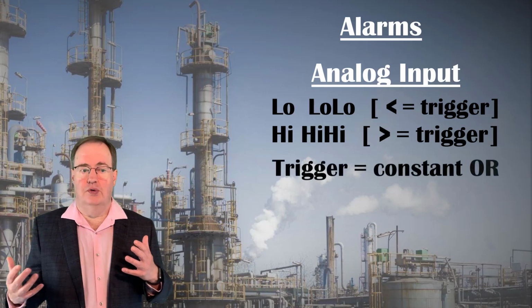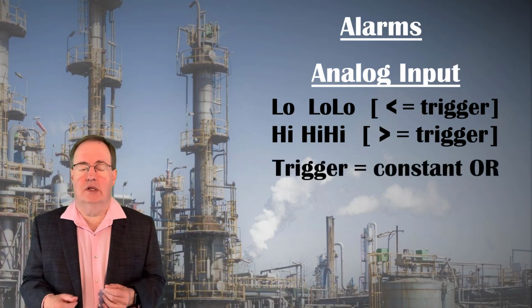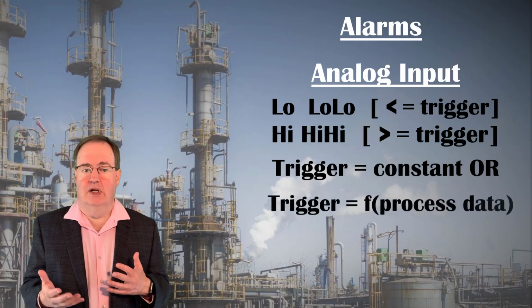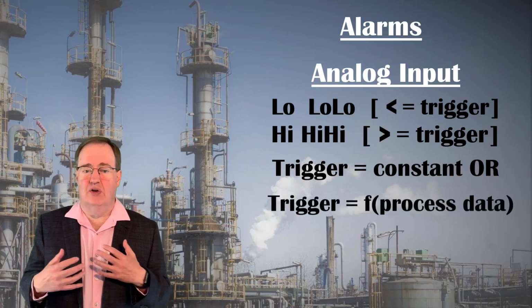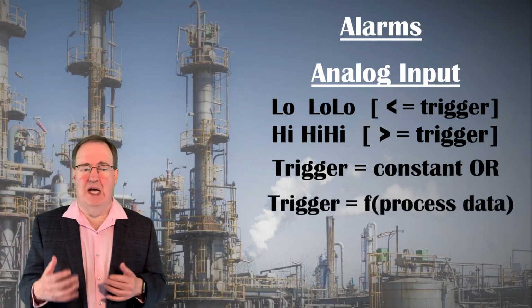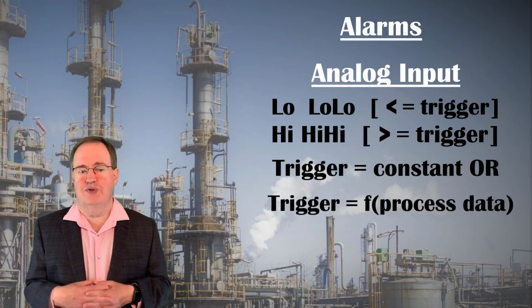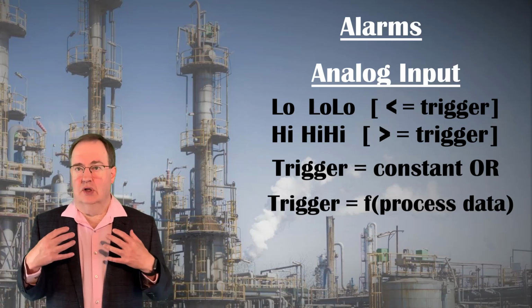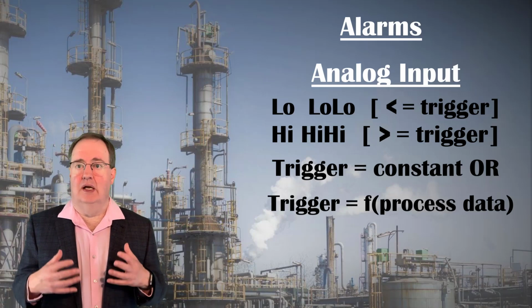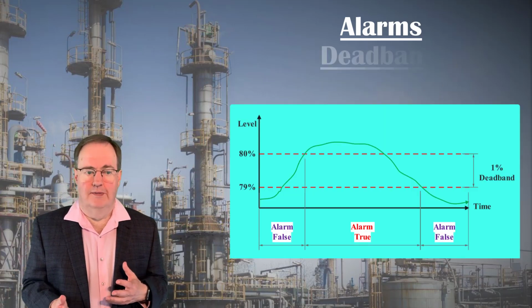The trigger value can be either a constant or a variable generated by a formula, which can be generated by any combination of math and logic that you can compose from the process data, so you're limited mostly by the measured data and your imagination.